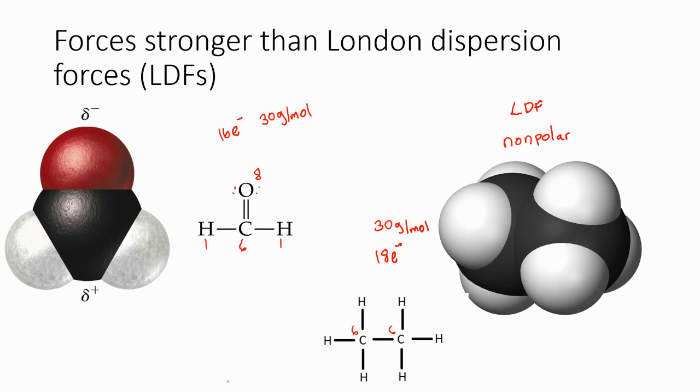I could cut it through this carbon and hydrogen, and it's not the same on each side. I could also cut it through this side or through that carbon and hydrogen, and it's not symmetrical. And we know that non-symmetrical or asymmetrical molecules are polar in nature. Okay, so this is a polar molecule.